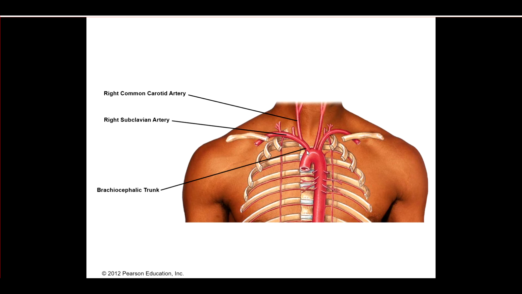So this trunk gives rise to one blood vessel that goes into the arm. We're going to see the subclavian artery is a major feed into the arm, and the common carotid here is a major feed to the head, hence the name brachiocephalic. Brachio, arm, cephalic, head. All right, so now again, we have two subclavians, two common carotids.